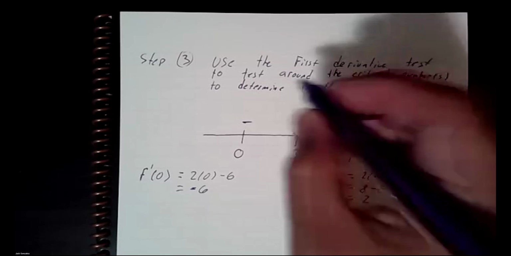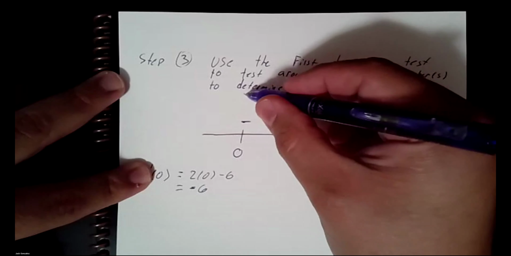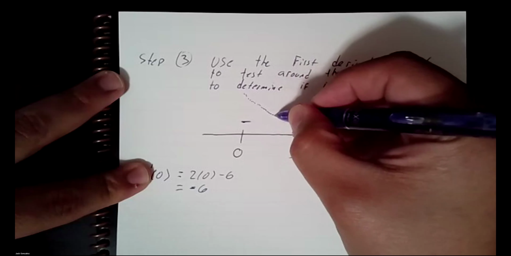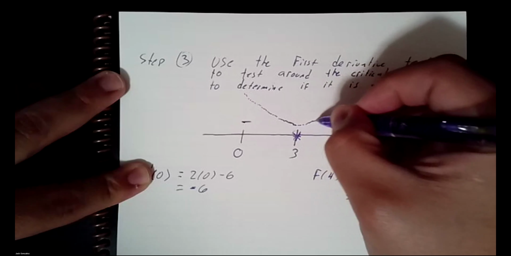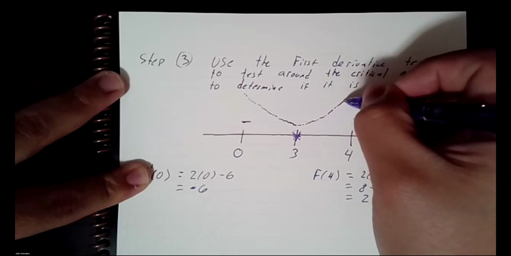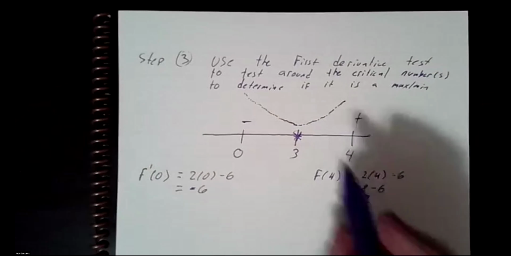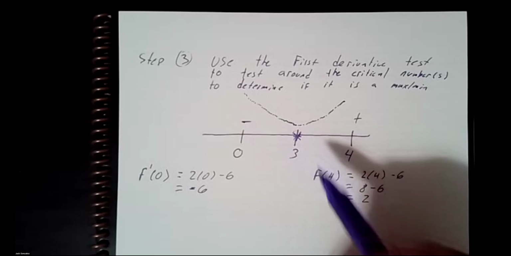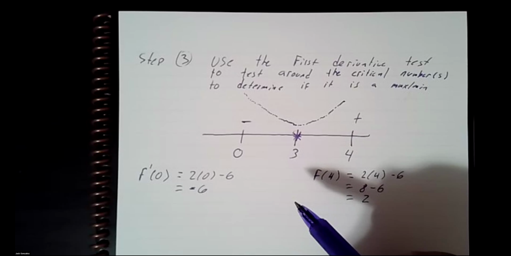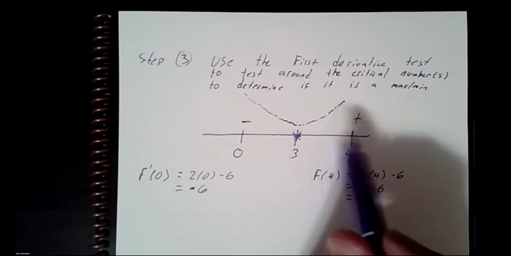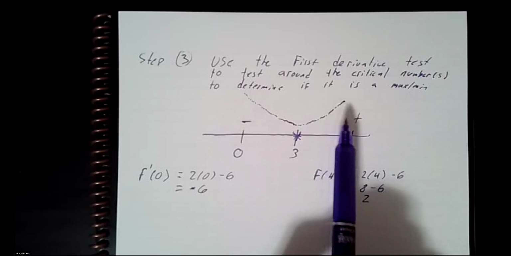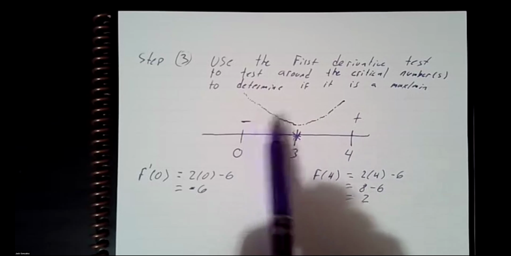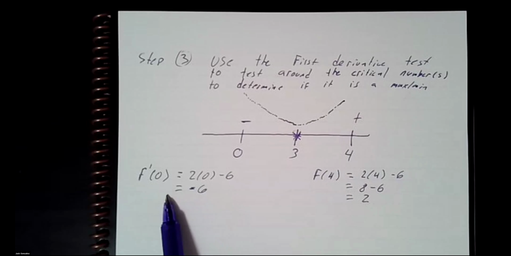So we're decreasing all the way until we get to this critical number, and then we begin to increase. So what shape am I creating? Is this a minimum or maximum? Minimum. Yeah, so you can basically infer what the function is doing or what it looks like and find minimums and maximums using the derivatives.